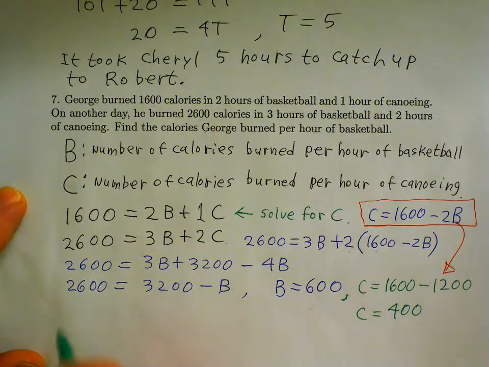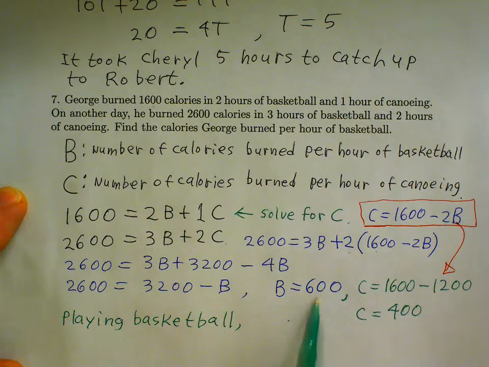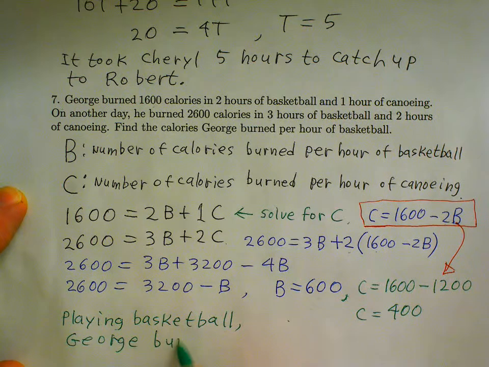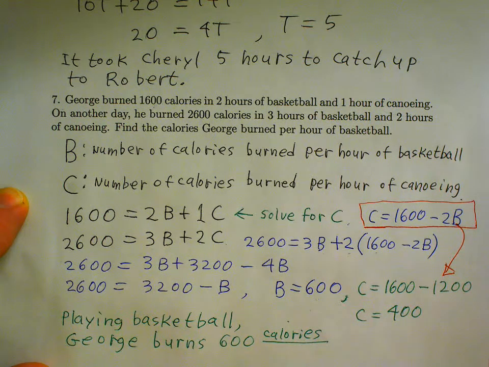Okay, so playing basketball, George burns 600 calories per hour. 600 calories per hour.